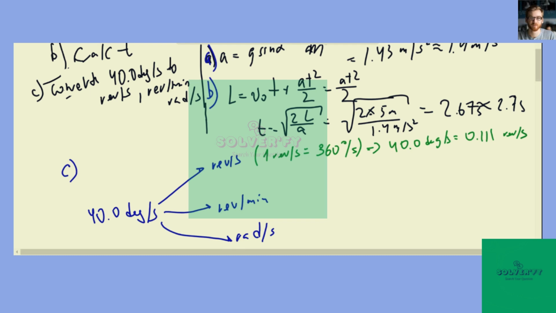If we convert it to revolutions per minute, then we have to multiply it by 60.